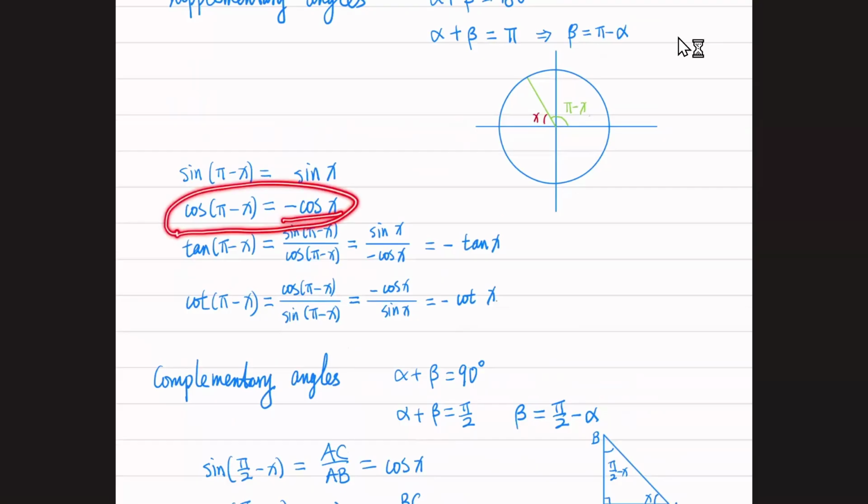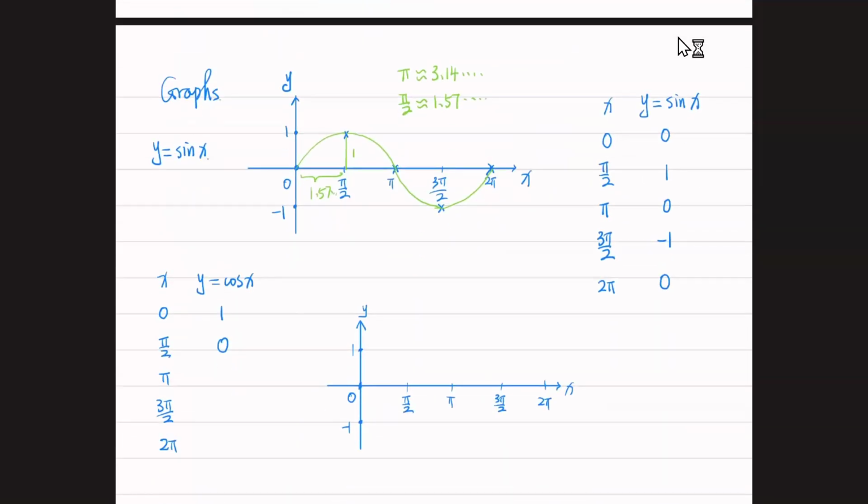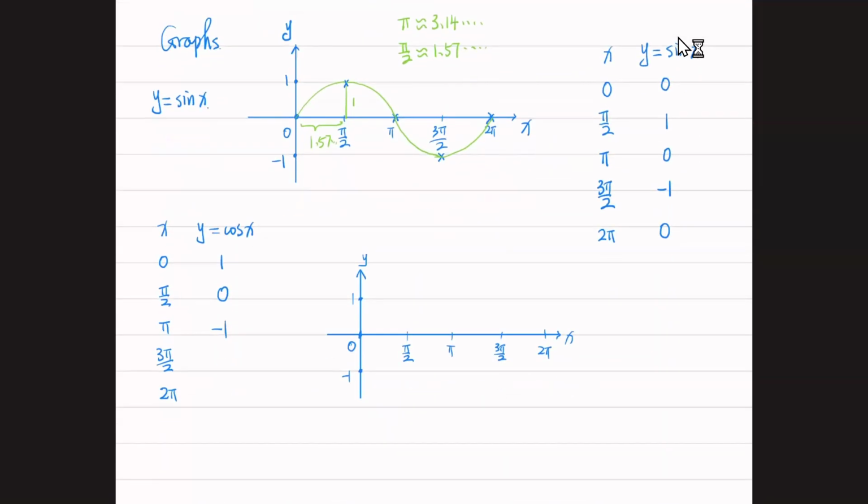Then this will be 3 pi over 2. Negative 1? Wait, no. Not 1, not negative 1.